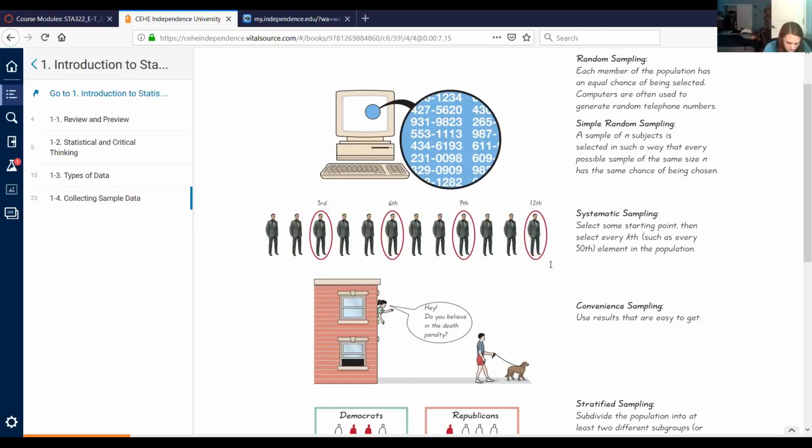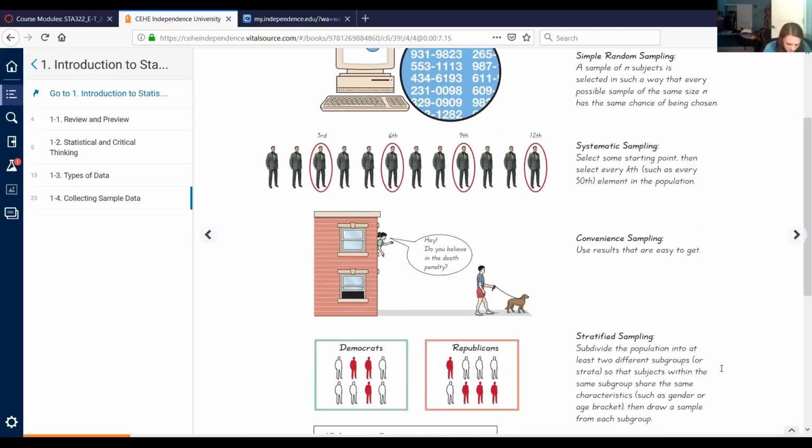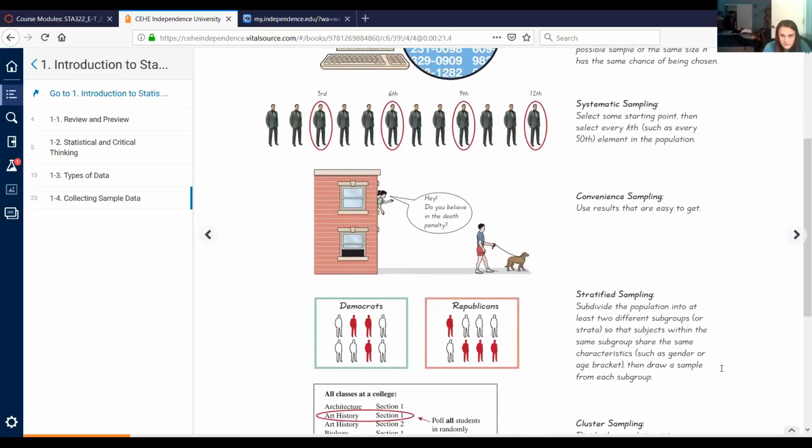Convenience is basically family members, friends, just anybody that happens to come along. And this is how a lot of sampling is done here in Loveland at election time. You might be walking into the Chilson Center here in Loveland, where we go for exercise.